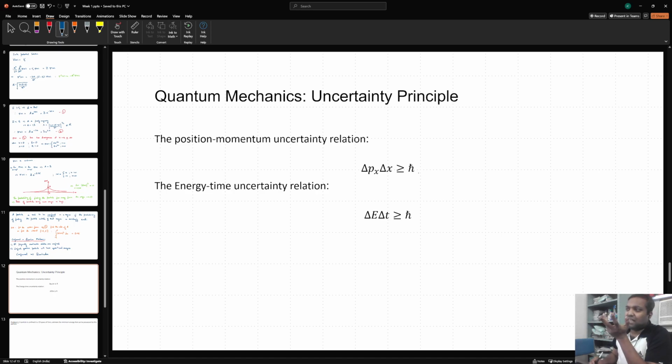Like other textbooks, you might find alternatively on the right hand side quantities like h bar by 2, which is equal to h by 4 pi, or some sources will simply even write this as h. There are multiple ways to write it, but this is the form that we shall be considering in our course.